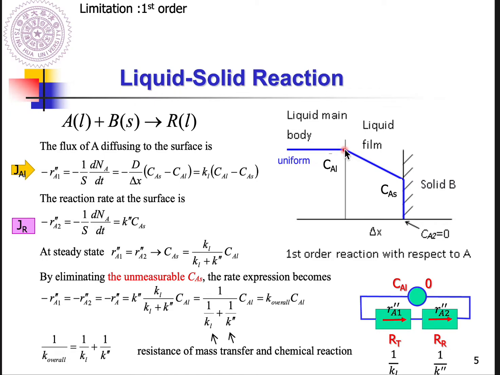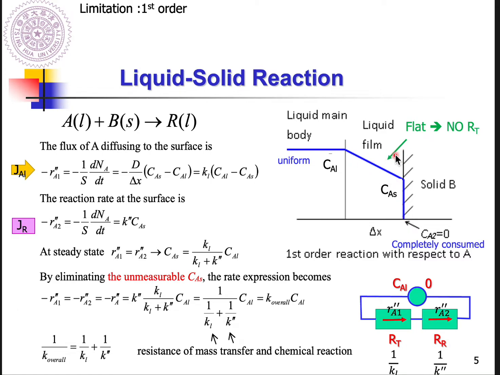So A is going to diffuse through this liquid film layer to arrive at the surface of solid B and react with solid B. And we assume that after the chemical reaction, the concentration of reactant A will equal 0. We assume it is a complete consumption chemical reaction, completely consuming the reactant A at the surface of the solid B.